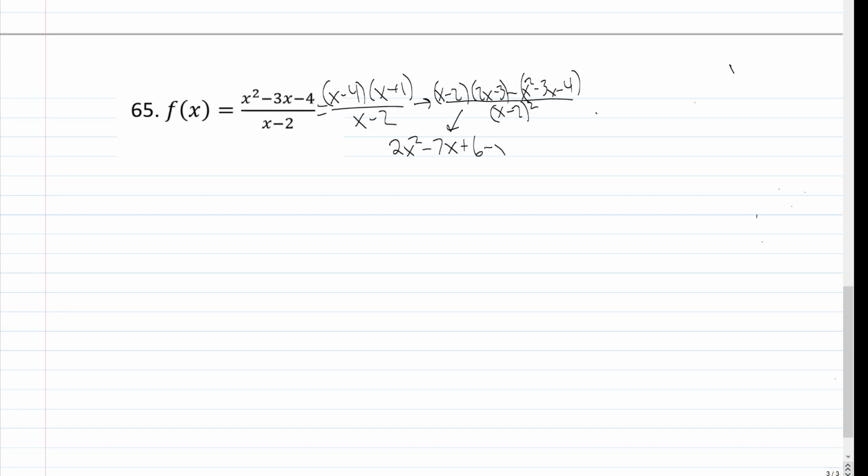And I get minus x squared plus 3x plus 4 by distributing the negative sign. I can just pull a critical point out of this from the beginning and say x equals 2 is one of our critical points that we're going to be looking at. And then continuing out this algebra, I get just an x squared when I combine like terms, minus 4x plus 10.